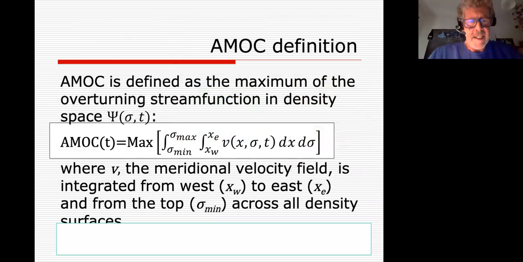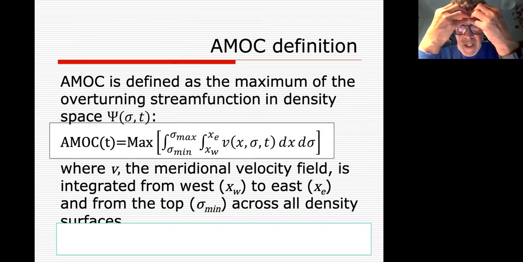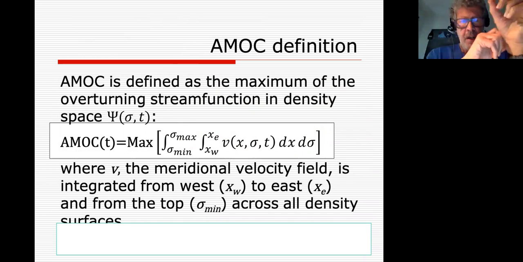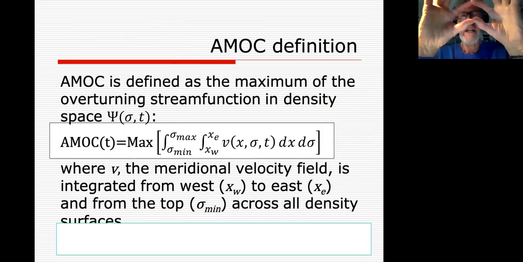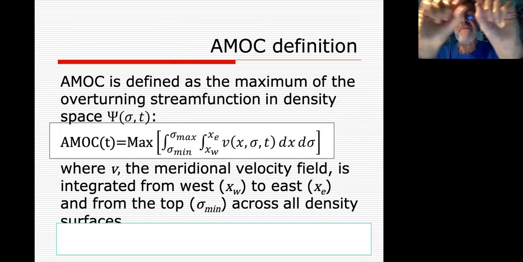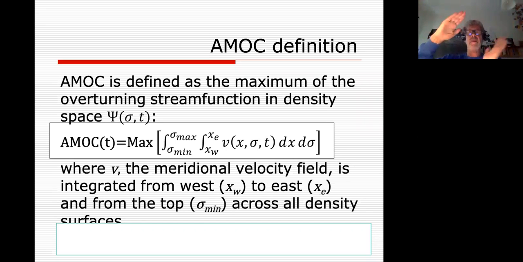Technically, AMOC is defined as the maximum of the overturning flux calculated in a predefined density layer. So we don't define the depth, but we define the end members of the water column in terms of density.